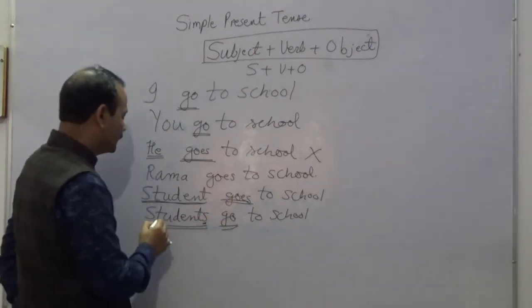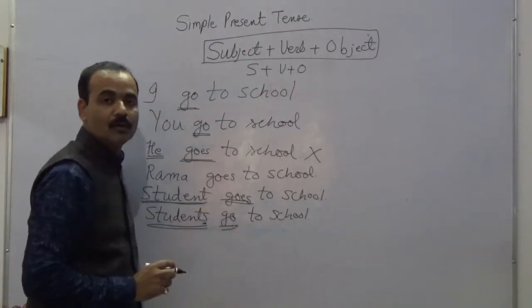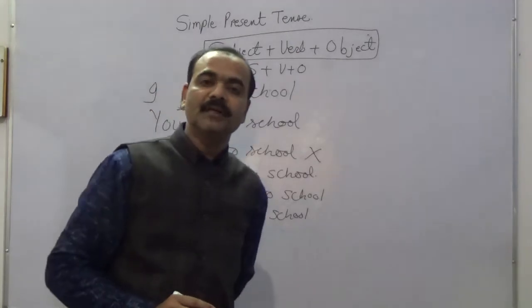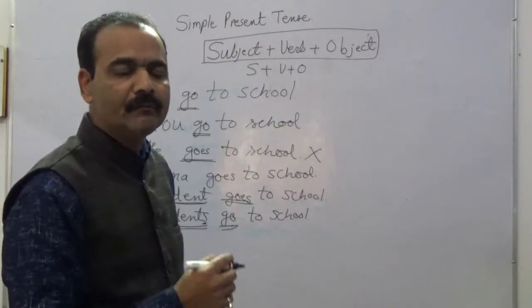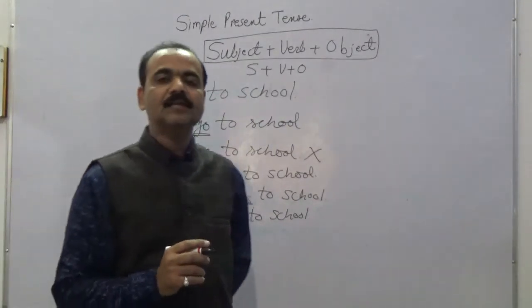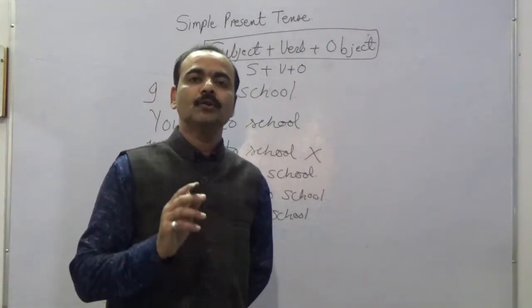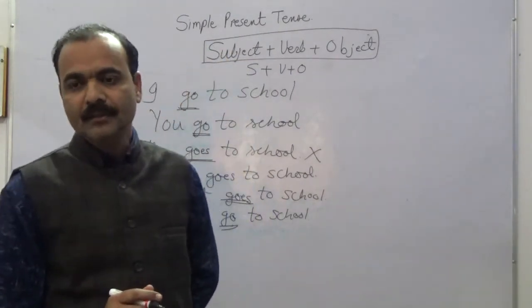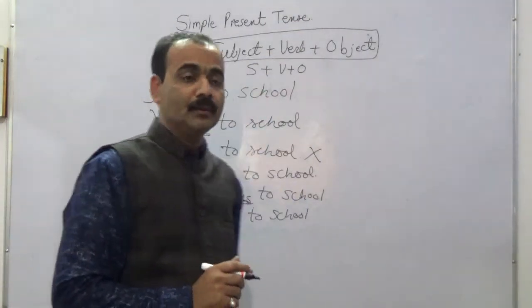Most of the time students make this very trivial mistake while using this simple present tense. That's why in the initial stage of this lecture I told you that though its name is simple, this tense is not so simple. It is very deceptive.